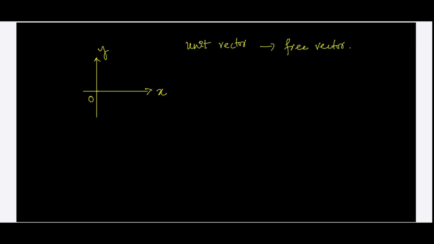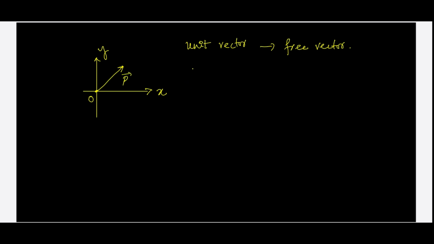If you take a position vector, in order to completely define the vector, you need to mention the magnitude, the direction, as well as the point of origin or the point of application, or the starting or the end point of the position vector, or else the position vector is not completely defined.